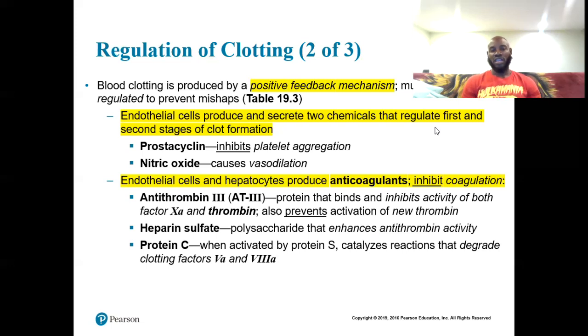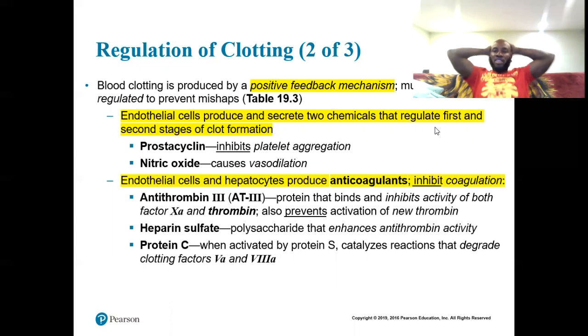Endothelial cells and hepatocytes produce anticoagulants, which inhibit coagulation, right? And there's three listed here: antithrombin 3, heparin sulfate, and protein C. You'll see heparin sulfate.